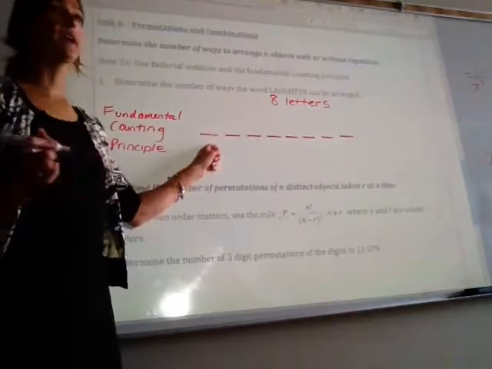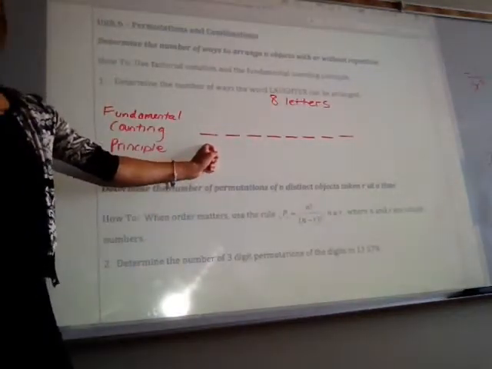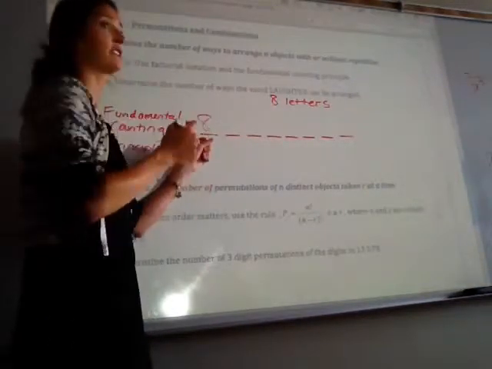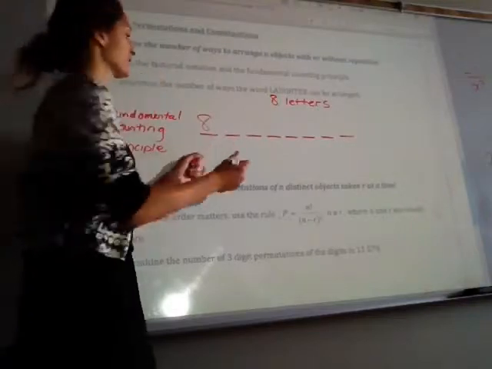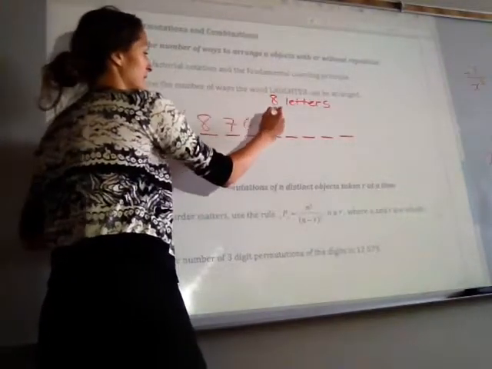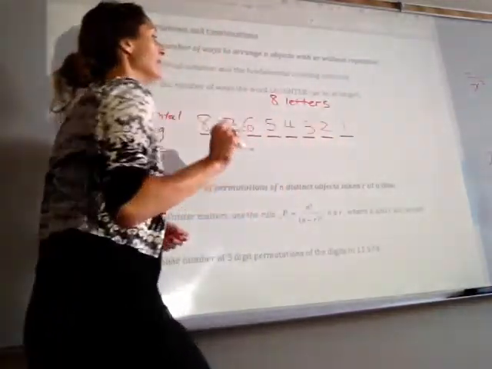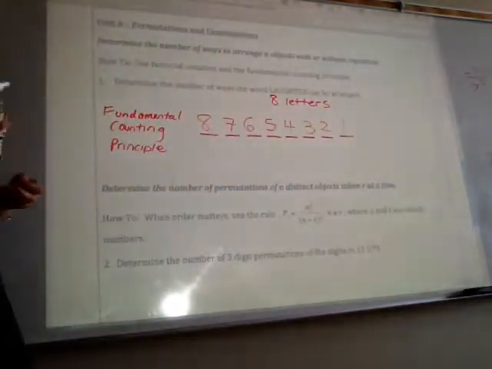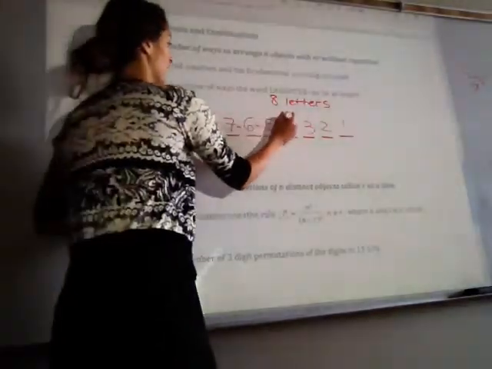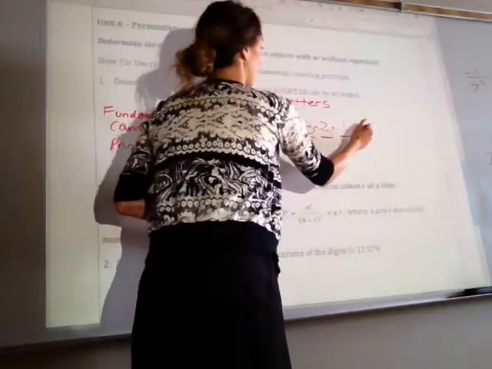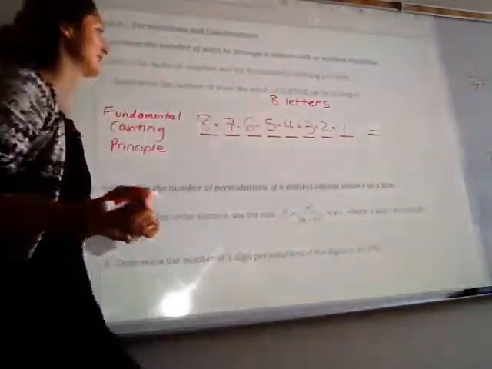And how many letters do I have to pick from for the first space? 8. And then once I've used one of them, we can't repeat a letter, so there's 7, and then 6, and then 5, 4, 3, 2, 1. The fundamental counting principle, we multiply all these. Okay, and then we'll have our answer from there.